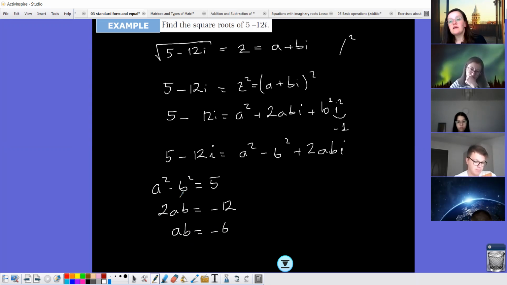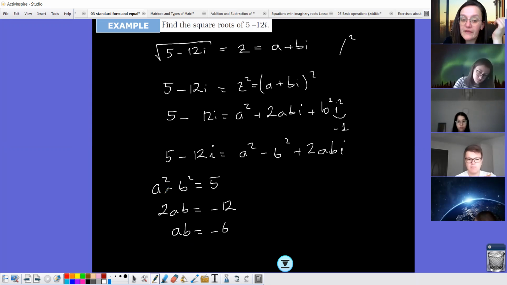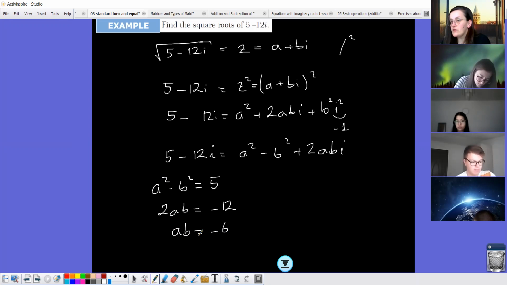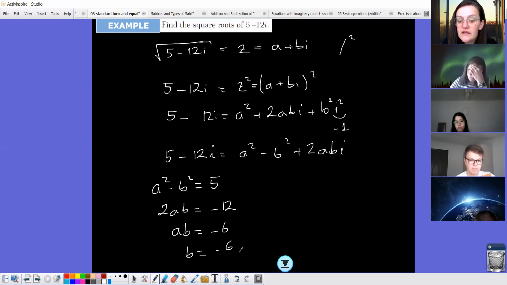Now, guys, you have a system again. A squared minus b squared is equal to 5, and a times b is equal to minus 6. Here, this is my way; if you find another way, you can use it. I will say that b is equal to minus 6 over a, and write it in the first equation.